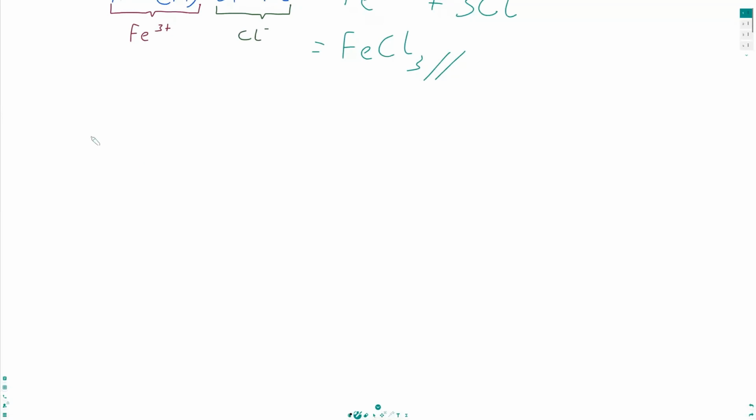So, if we look here at amount of substance, amount of substance is a quantity that chemists use for counting the number of atoms in a substance.